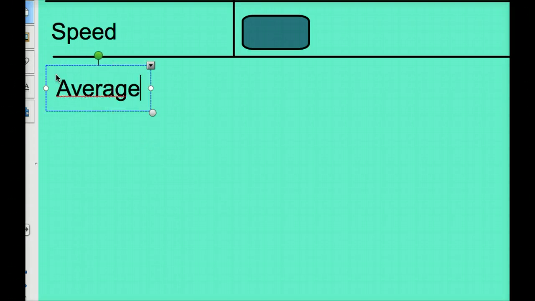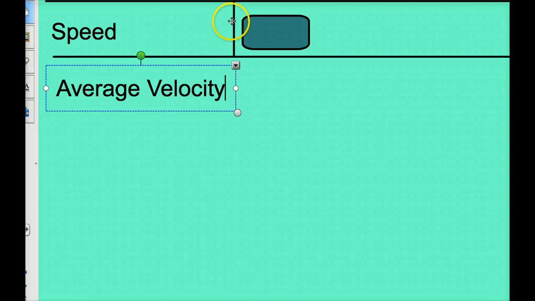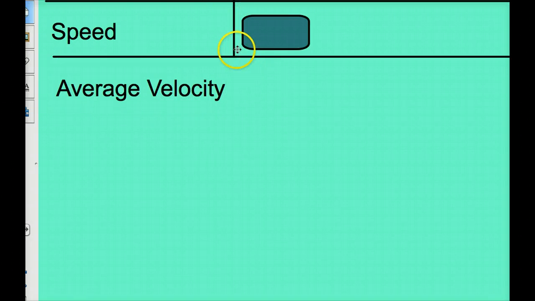So anytime you see the word average velocity, you're going to want to use a specific equation. Actually, let's just do another bar right here. So average velocity is this following equation.